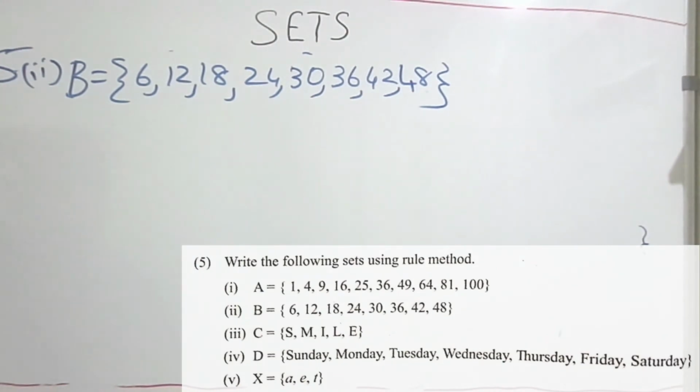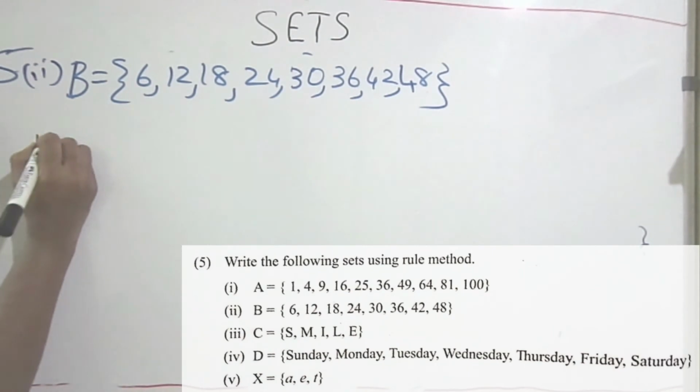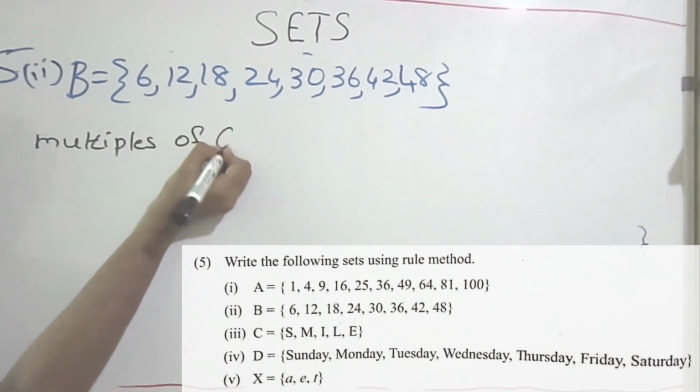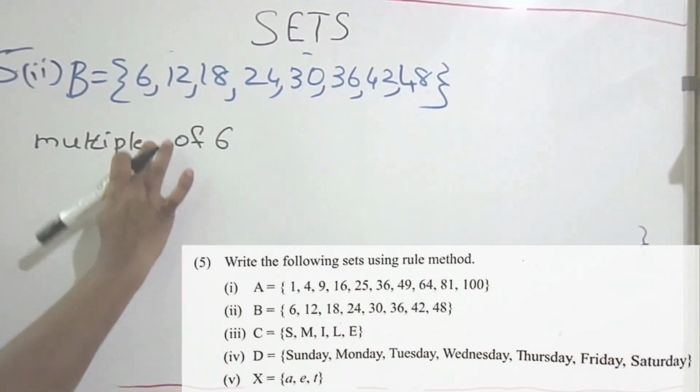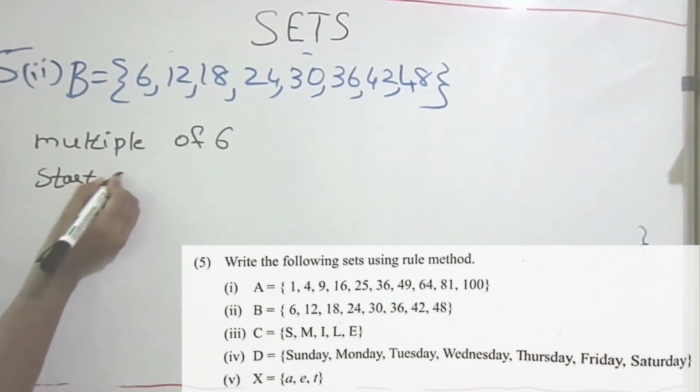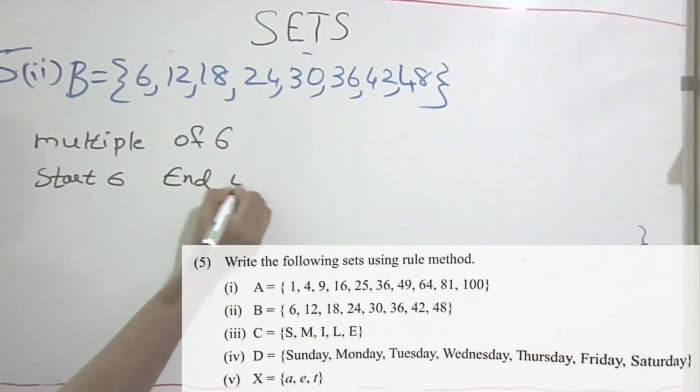Okay. Now let us try to understand what these are. What do you feel they are? 6, 12, 18, 24, 30, 36. Yes, you are right. Table of 6. So table you can also write as multiple. Multiple of 6. And a multiple of 6 is of course a natural number, so you don't have to write that. Then what else? They are starting from 6 and ending at 48.